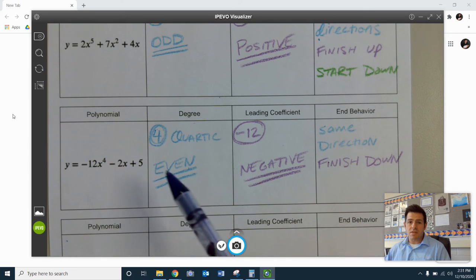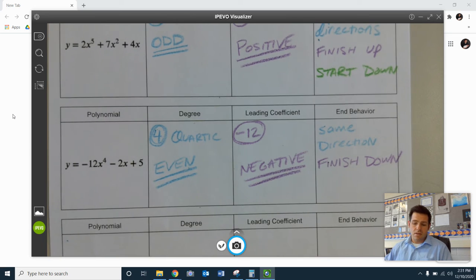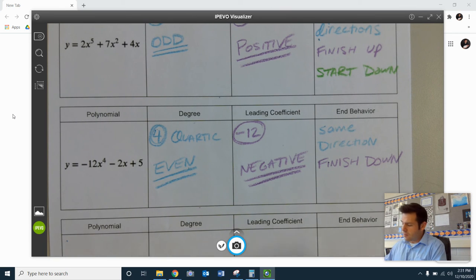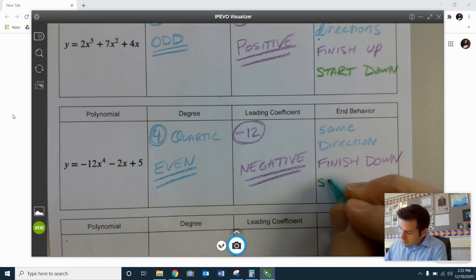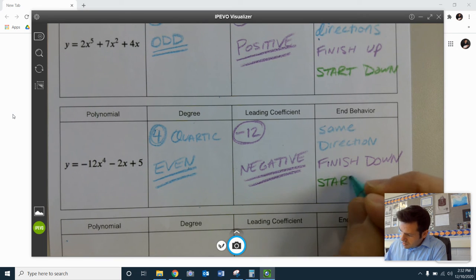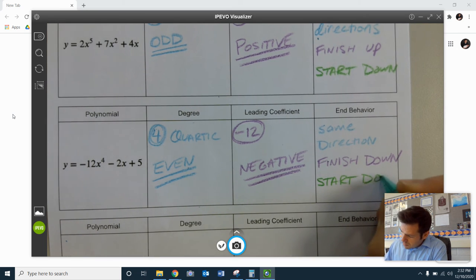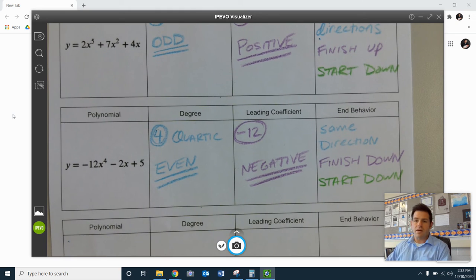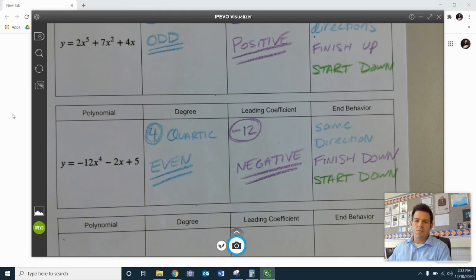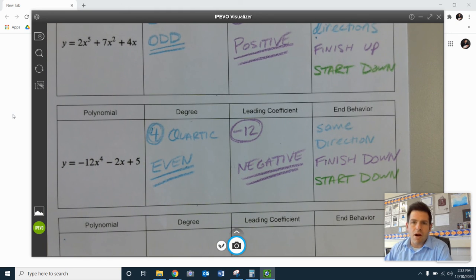We knew that because of the even degree polynomial, in this case the number 4. So if we were finishing down and we're going in the same direction to the left and to the right, we would start with a picture going downwards.